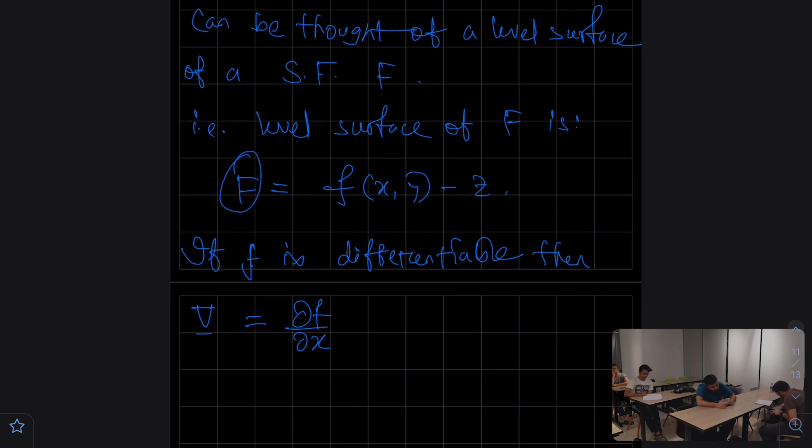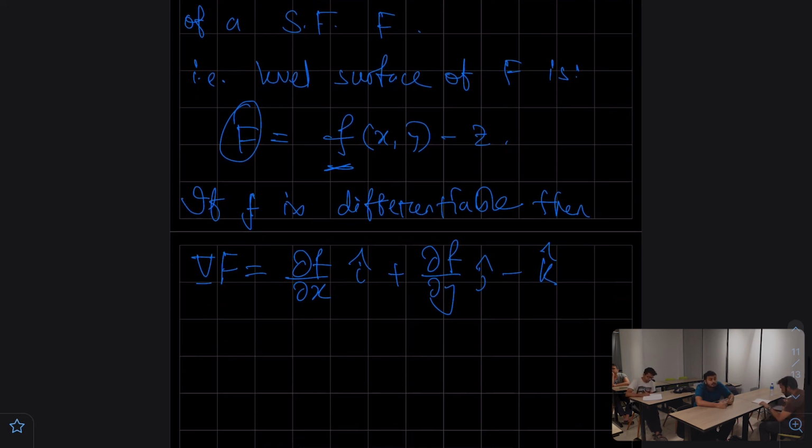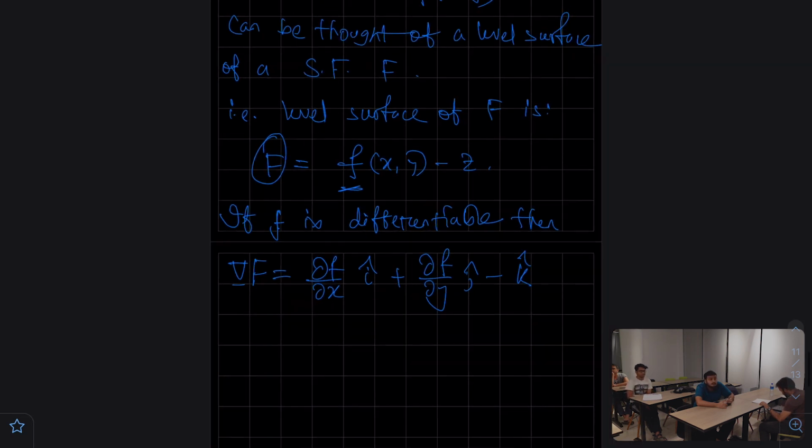Capital F depends on small f, and if small f is differentiable, I can write capital F like this, minus k hat. So far so good? If it's a minus z, then I'm taking the gradient of the scalar field. Z is obviously differentiable.